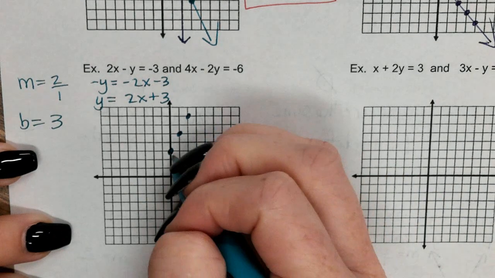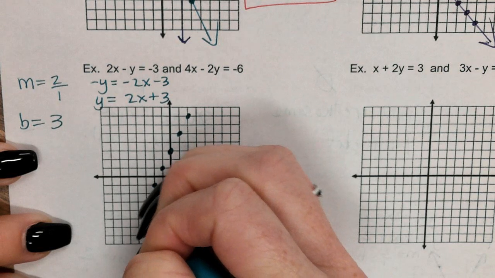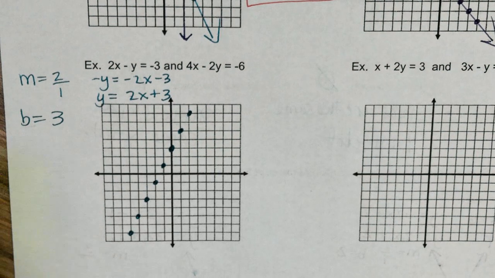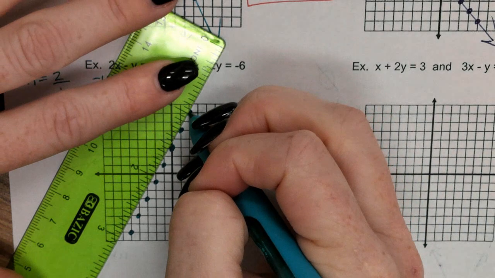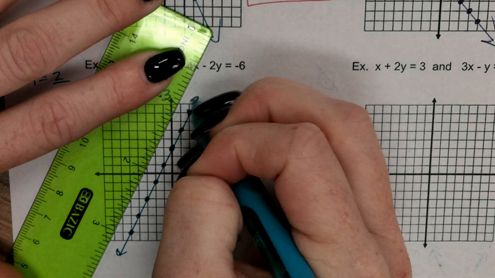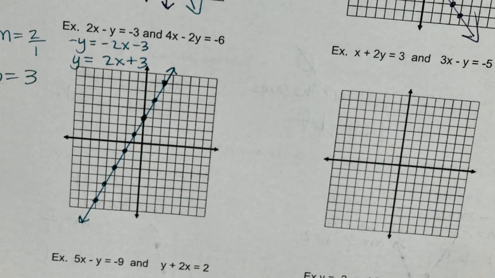Down 2, left 1. Did everybody get the first one graphed?